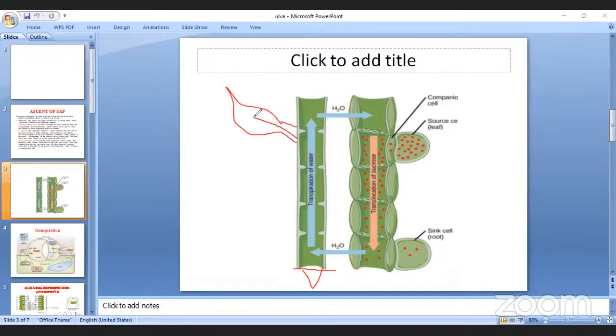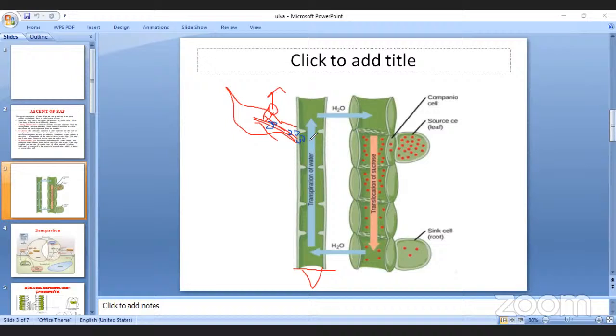And here, for example, this is the stomata. Let me change the color. So these are the water molecules.